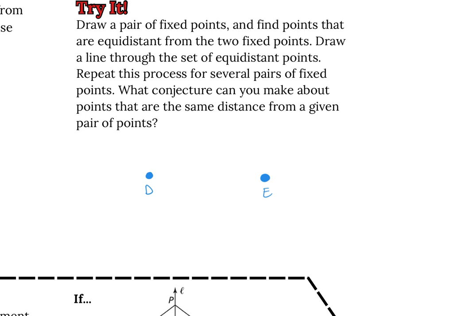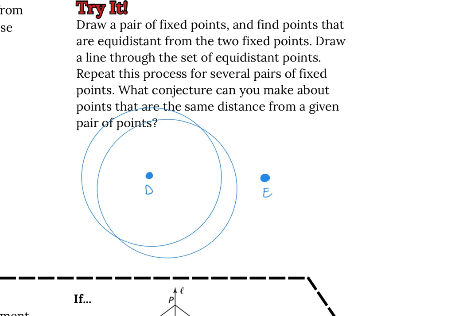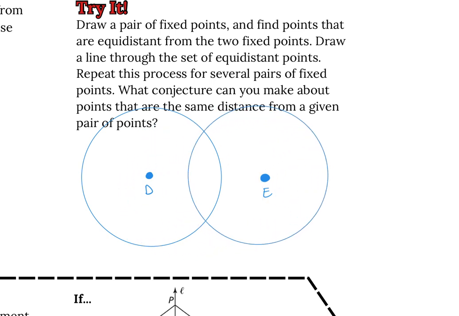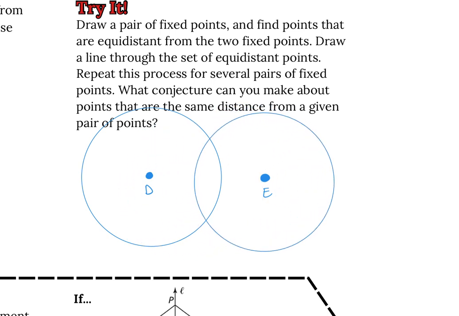And I'm going to create a circle around them to represent the intersecting arcs. Then I will duplicate it so that I keep the size, because I want these to be the same distance from that center point.